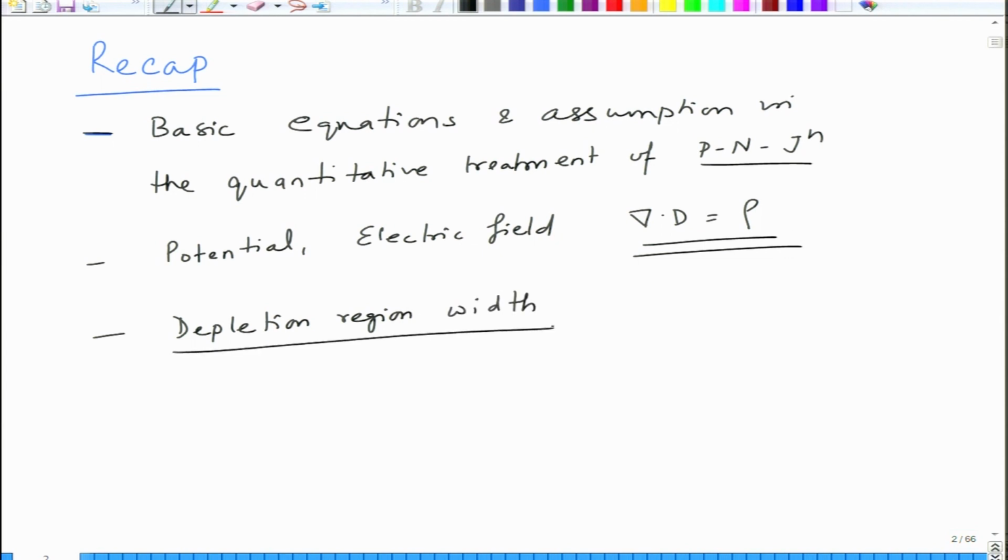W was equal to the square root of 2 epsilon_s V_BI divided by q into 1 over Na plus 1 over Nd.